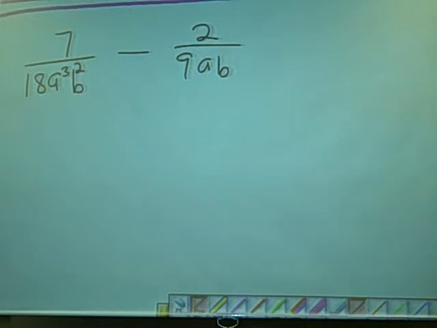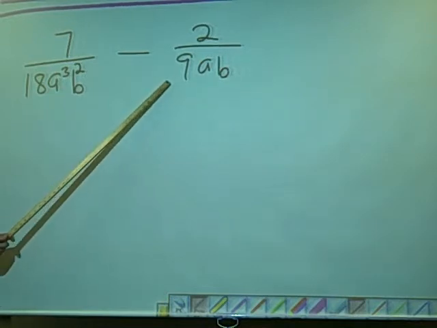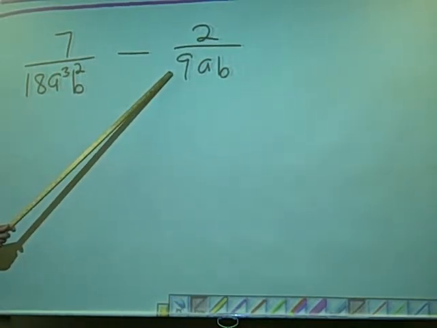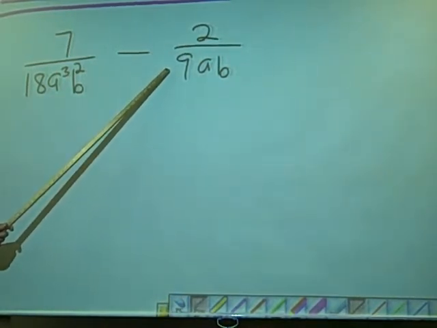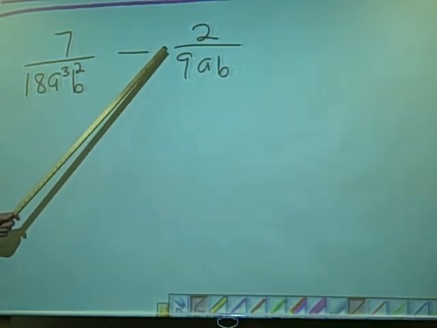Travis, what would you do here? Okay, let's look at 9 and 18 first. Let's look at the coefficients. All right. What common denominator can we have between those two? 18, right? So here we'd have to multiply what? 2a squared b.